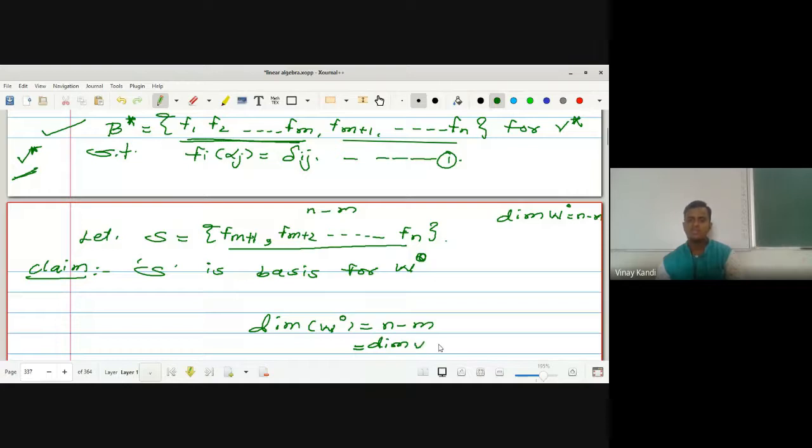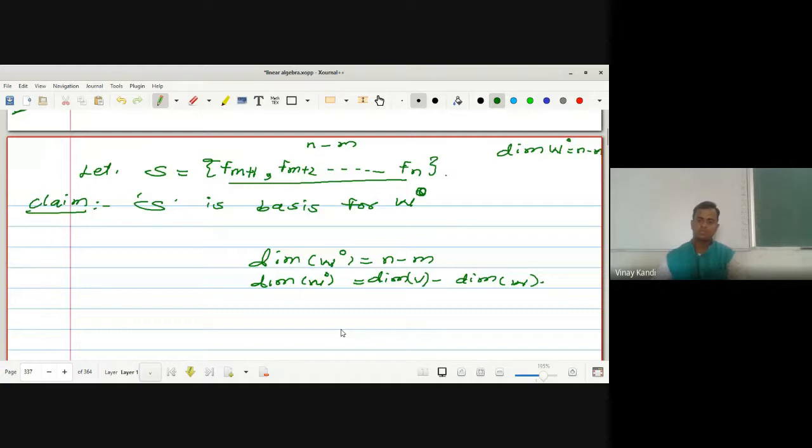The dimension of V. What is m? The dimension of W. So hence the dimension of the annihilator of W plus the dimension of W is equal to the dimension of V. Is it correct?